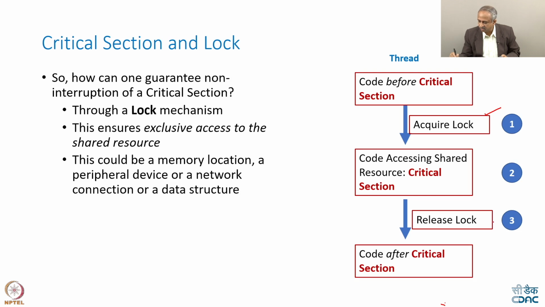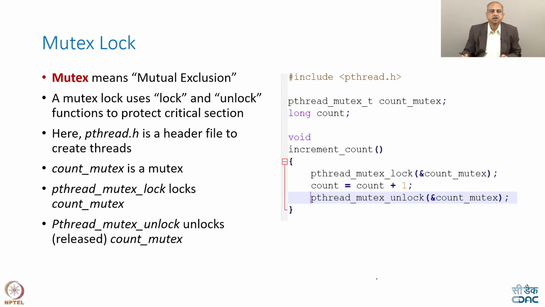Once its job is done, it will release the lock, and now you proceed with the code after the critical section, where any other thread gets the right to access that variable. It will also implement a critical section in it because it does not want the first thread or any other thread to interrupt it. Now, what is this lock?